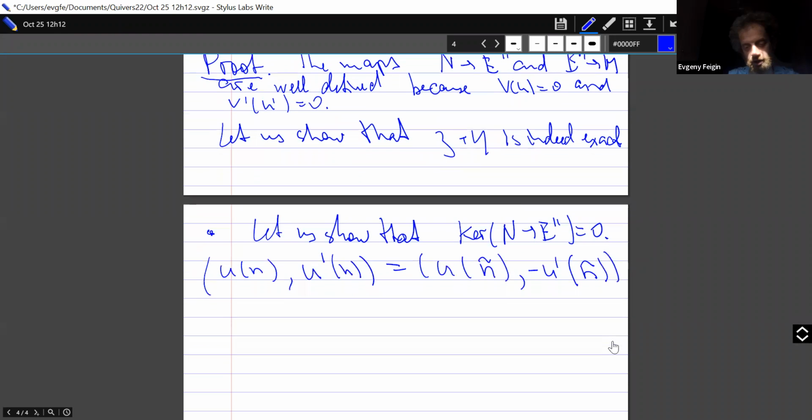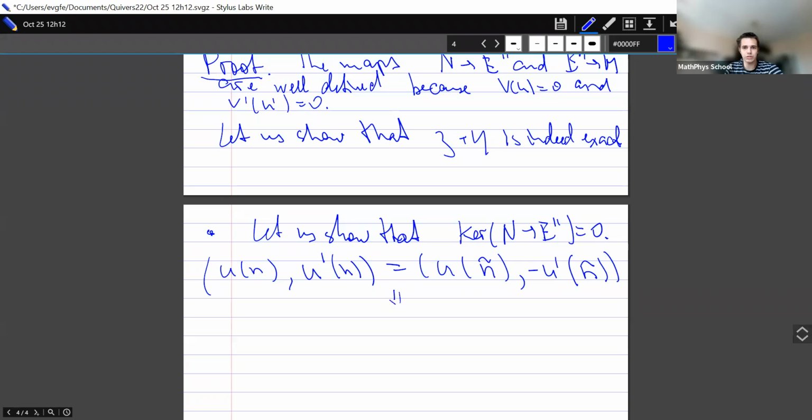And therefore, we know that u is injective, so n tilde equals n. But as well, u prime is injective, which means that n equals 0.